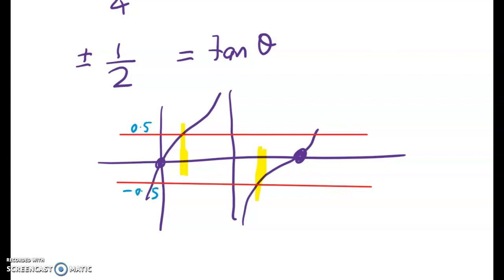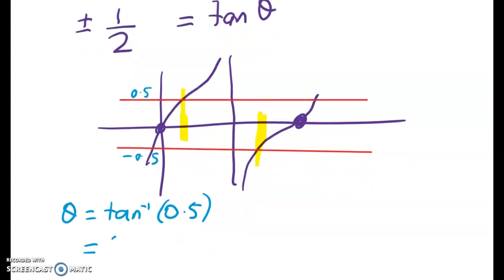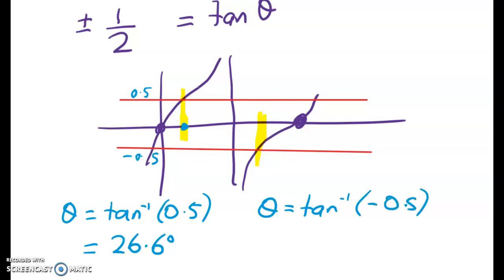So when I grab my calculator and I go theta is equal to tan inverse of 0.5, and I'm looking for it in degrees, I will get out 26.6 degrees. So that's great. That's that first value there. When I look at tan inverse of negative 0.5, the calculator is going to give me this value back here, which is not in my domain.